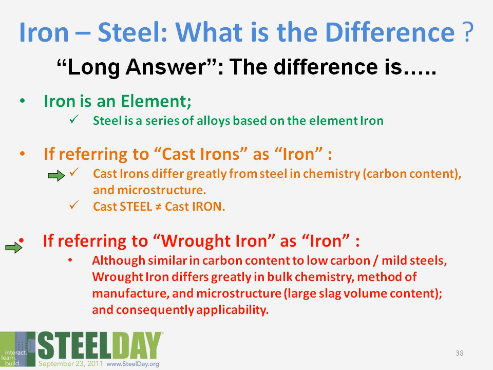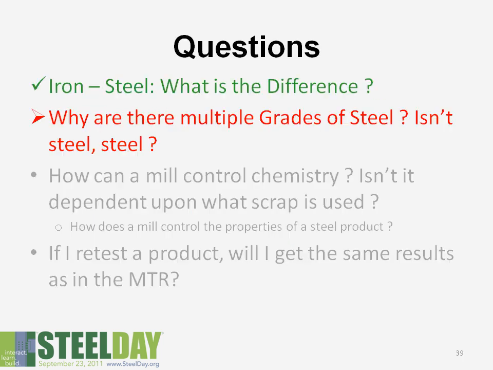If we're referring to iron as a wrought iron, it's very similar to a steel, but because of the large slag volume, we have some limited applications it can be used for. If we refer to iron as pig iron, again, that's a steel-making material. So, in a nutshell, that's at a high level the difference between iron and steel.